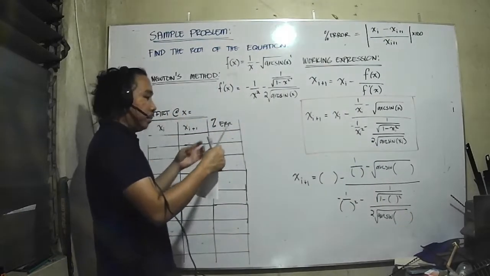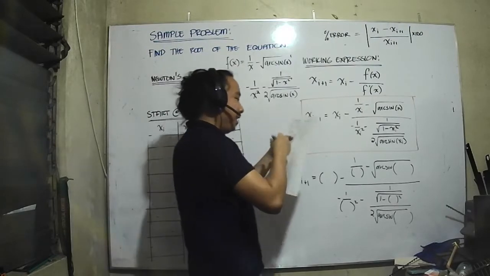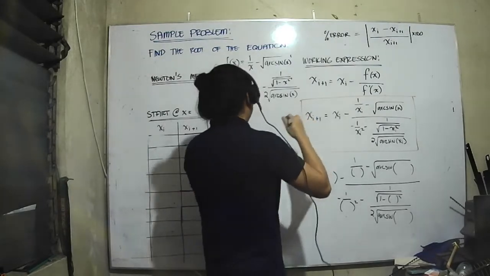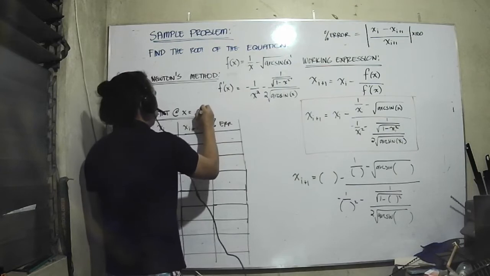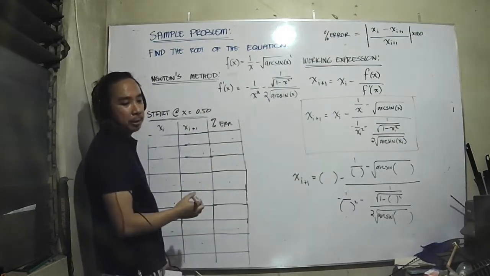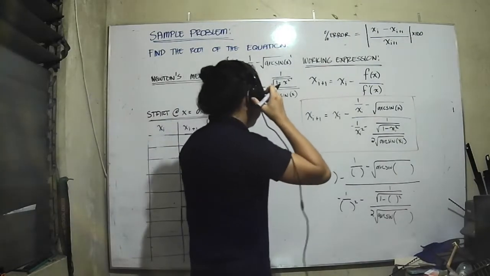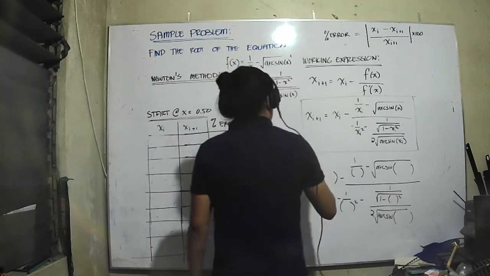So this is just a game of plugging in the blanks. Now, I'd like to start at 0.5. Okay, no particular reason, I just want to start there. Now, if I do that, I'll just plug in 0.5 everywhere.